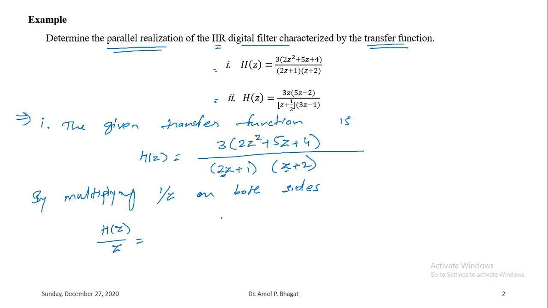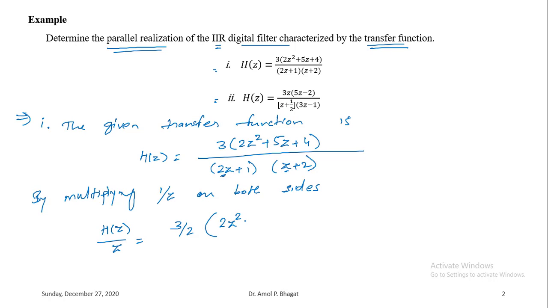is equal to, so here from the denominator I will be taking 2 common, right? And also I will be multiplying it with 1 by z, right? So if I'm taking 2 common, I can represent it as 3 by 2 in numerator, because these are constant terms, right?